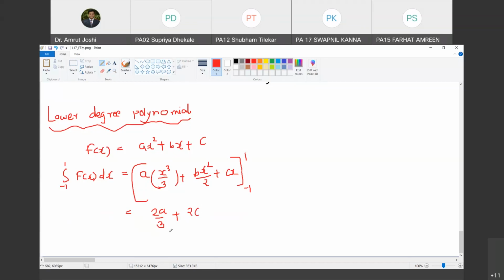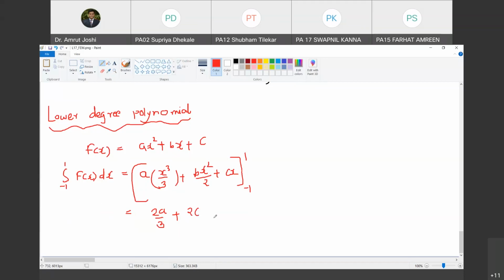Yes, sir. You can do this exercise. You can put the upper limit, the lower limit, and take the subtraction. When you put the upper limit, x square is 1, so the second term will be b by 2. When it is -1, the second term will also be b by 2, but there is subtraction, so b by 2 will get cancelled out, whereas the other two terms will get added up. Are you with me? Yes, sir.